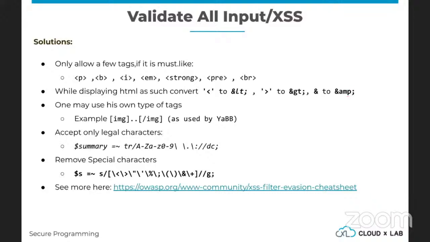So instead of the code being executed, the code will be displayed on the screen to another user. This way, at least the execution will not happen. It will just spoil the experience a bit for the user who is seeing this code on the screen. Second, you can use your own type of tags.